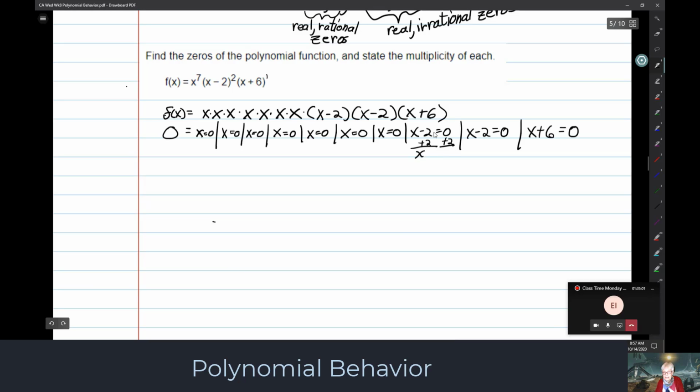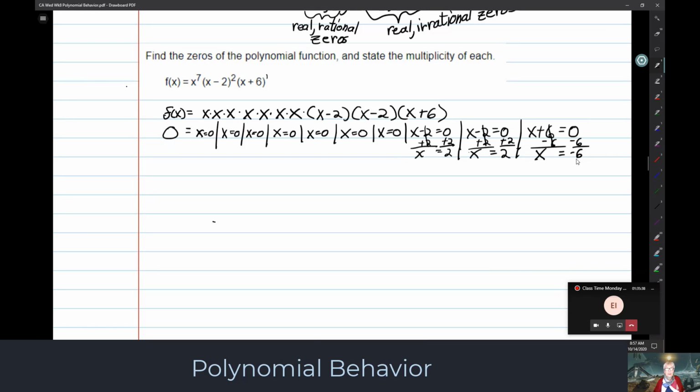So I'll get x equals 2. Same thing here, plus 2, plus 2. Those zero out, so I'll have x equals 2. And finally, over here, I will subtract 6 from both sides. 6 minus 6 is 0. X equals negative 6. Oh my goodness.